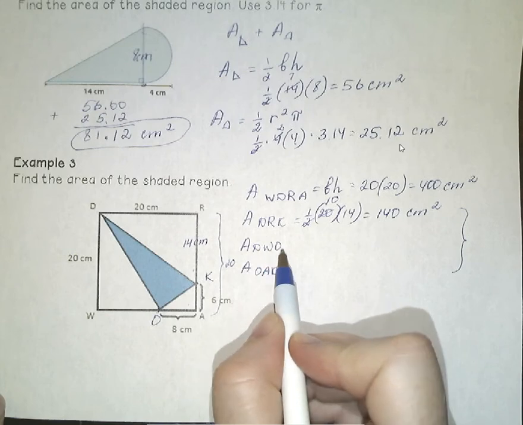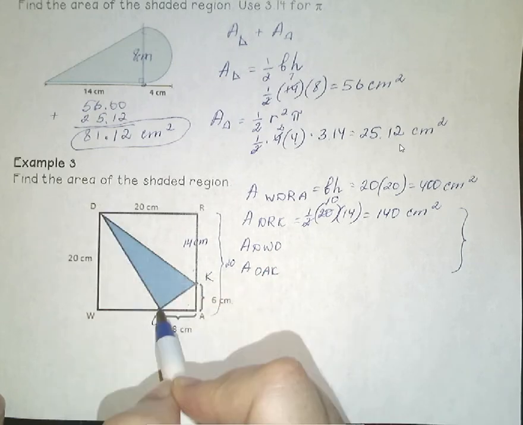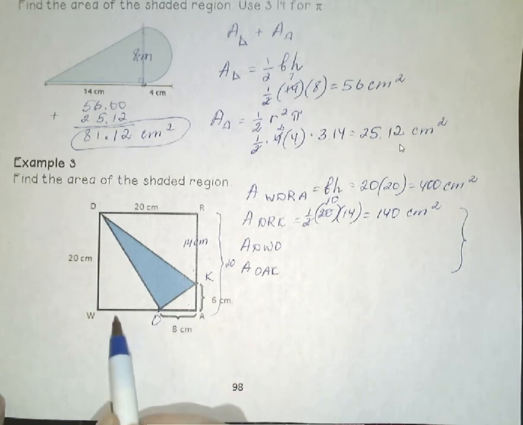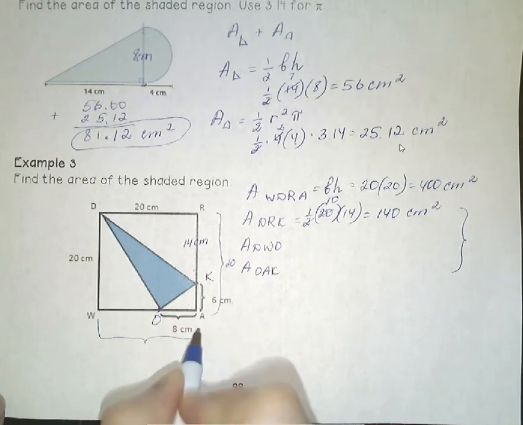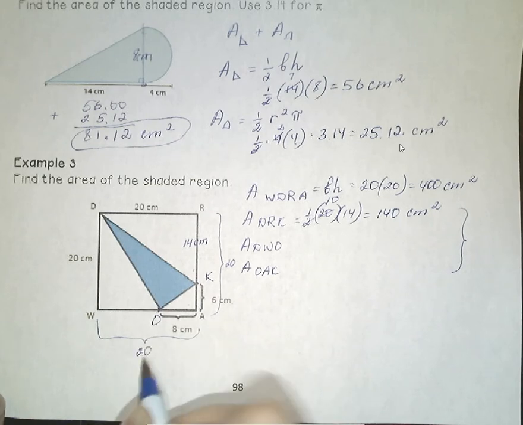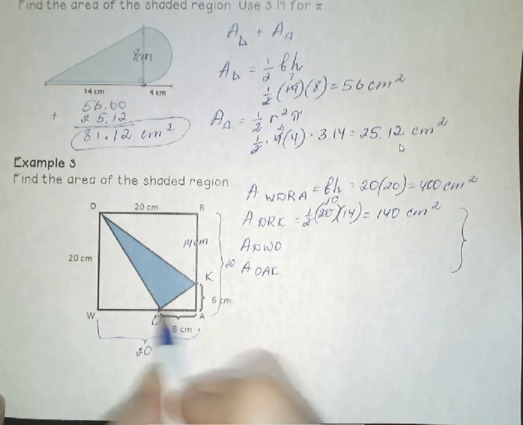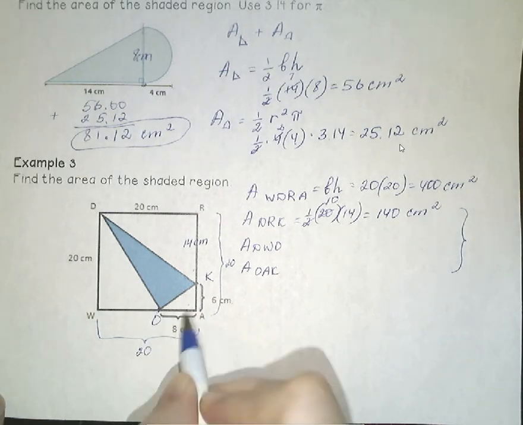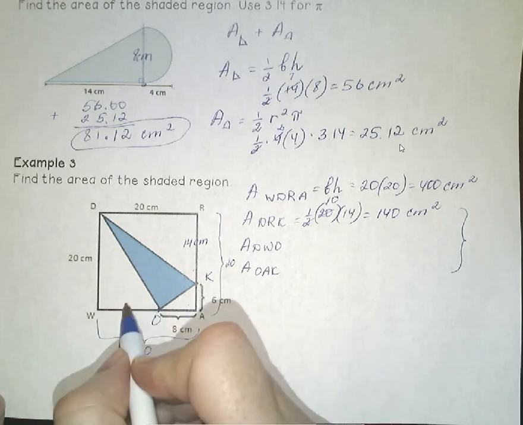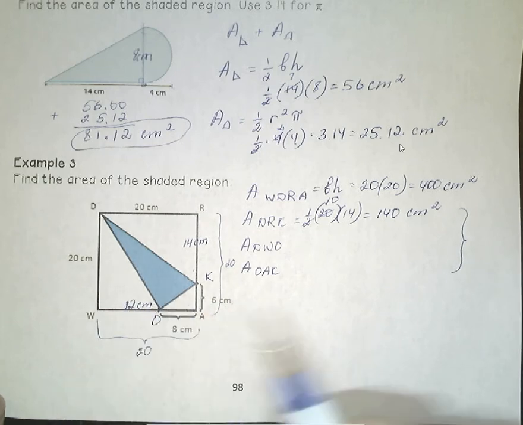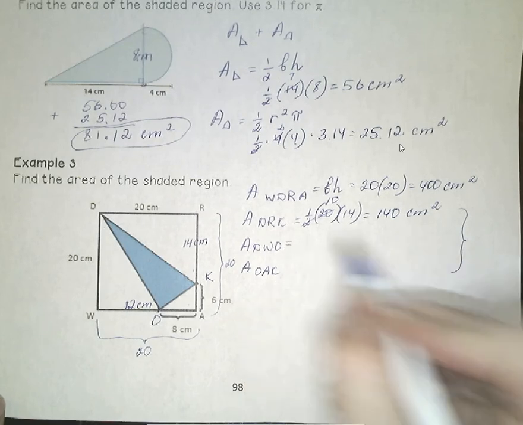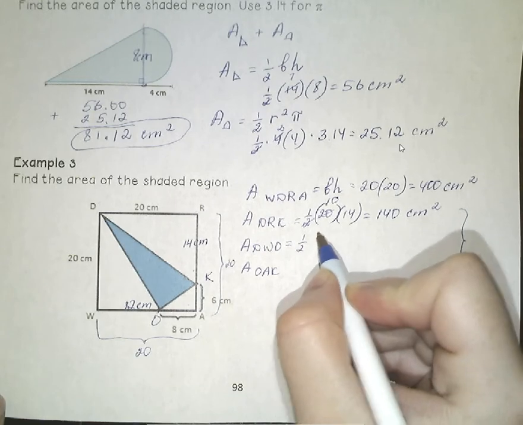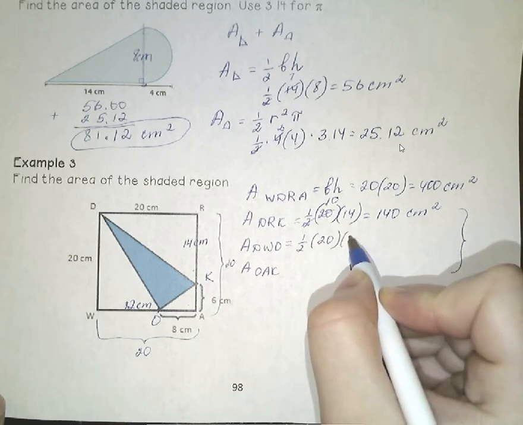Area of DWO, this triangle right here. So height is 20, base is what is left when we have 8 taken away from 20. So part is x, another part is 8, x plus 8 is 20. I need to subtract this to find this one right here. That is going to be 12 centimeters. So to find the area of this triangle, we are going to multiply half by 20 and by 12.